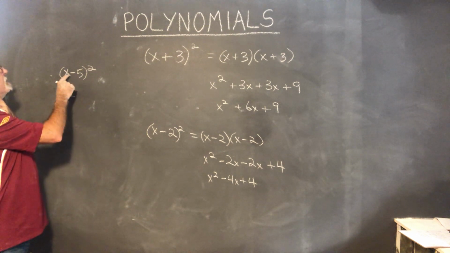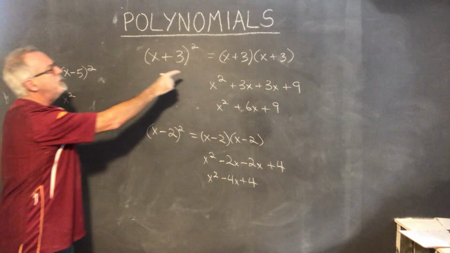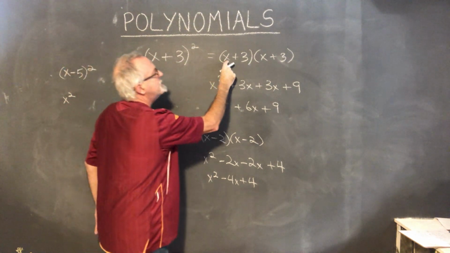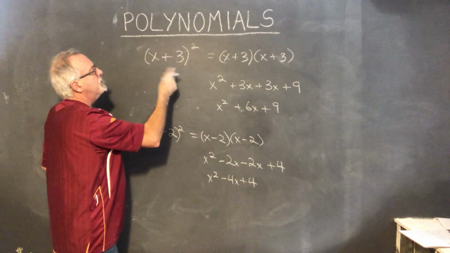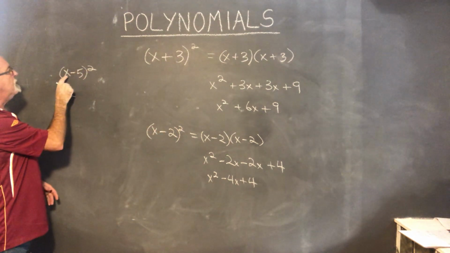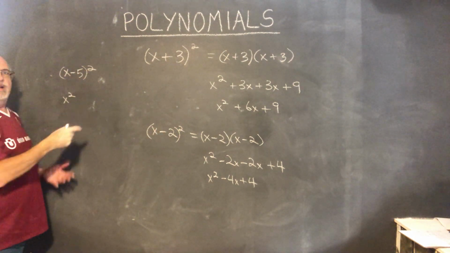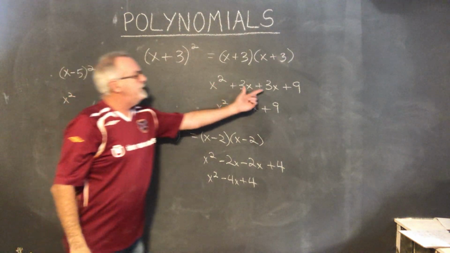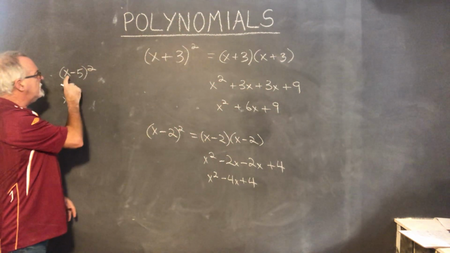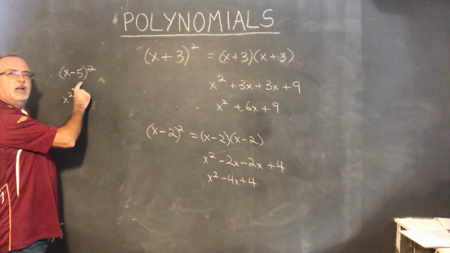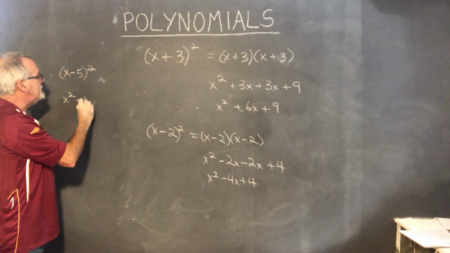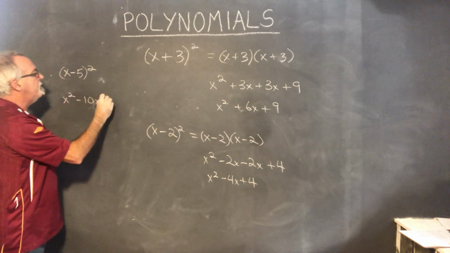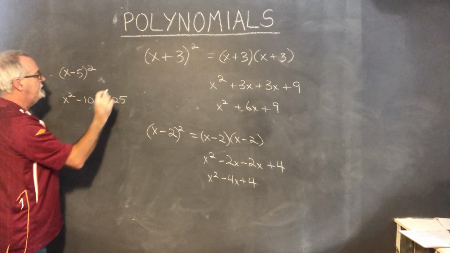Remember when I did the multiplication, I multiplied an x by a 3. So now I'm going to multiply an x by a negative 5, and x times negative 5 is negative 5x. But it happens twice. Whatever is in the middle happens twice. So negative 5x twice is negative 10x. And then negative 5 times negative 5 is positive 25.